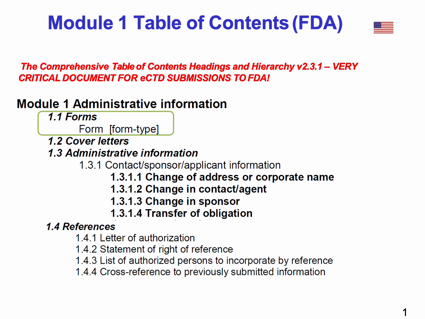For example, in sub-module 1.4.1, we are going to add a letter of authorization. The name of that sub-module is letter of authorization, and the document that we're going to add into that sub-module is also going to be called letter of authorization. So this applies to all of the documents in your CTD.